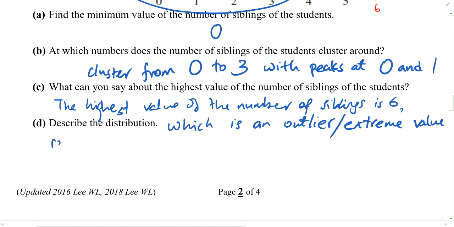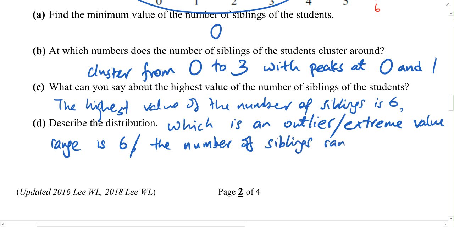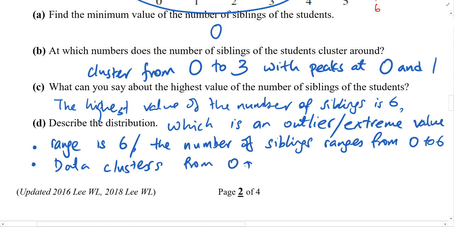The range is 6. Or we can say the number of siblings ranges from 0 to 6. Okay, next point, data clusters from 0 to 3 with peaks at 0 and 1.